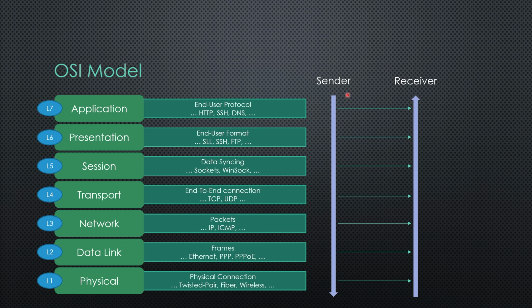Just as a basic understanding, if somebody wants to send some information over a network, it is starting from the highest layer in that OSI model, and it always passes its data onto the next layer, and the following layer then passes the data on again and again.